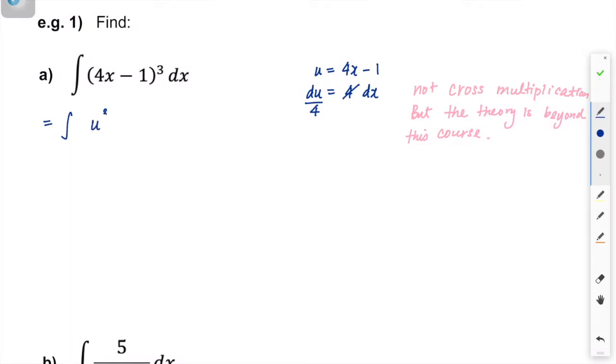I have the integral of u cubed du over 4. I know that when I integrate u cubed, I get u to the power of 4 over 4, but I have the original 4. So let's stick it in here, plus c, meaning my final answer is (4x minus 1) to the power of 4 over 16 plus c.